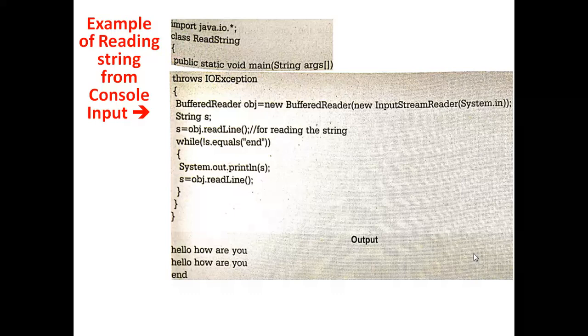We use System.out.println s, and s is equal to obj.readLine, so these lines will be read again by the while loop. Therefore, we can see in the output the user has entered hello, how are you. These lines are read by the program and displayed again. Therefore, it shows hello, how are you again, and it displays end of reading.